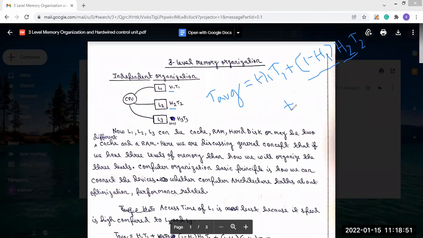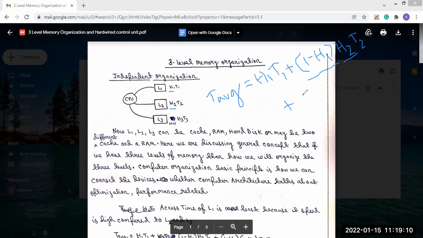Now, what will be the third case? Can anyone try? What will be the third case? H3, T3.